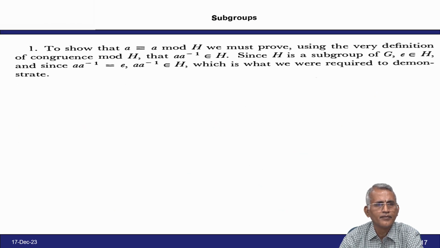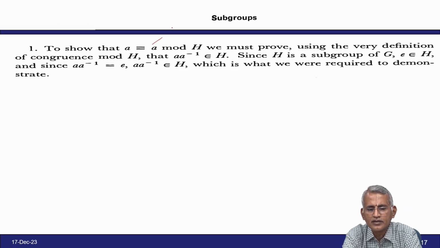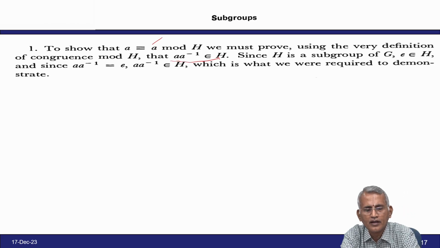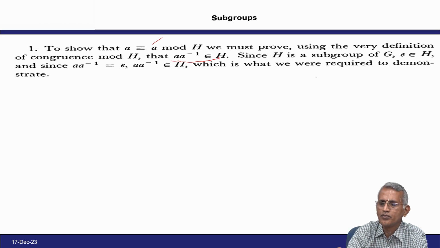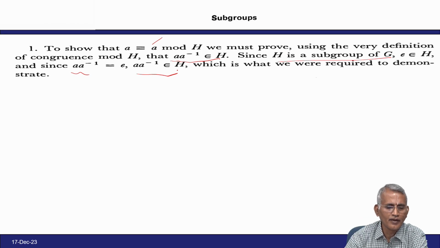To show the first part, a is congruent to a under modulo H, we must prove using the definition of congruence that a a inverse is in H, which is equal to e. Obviously e is in H, since H is a subgroup of G. Therefore the first part is proved.